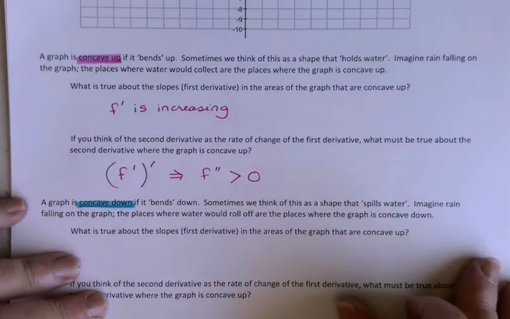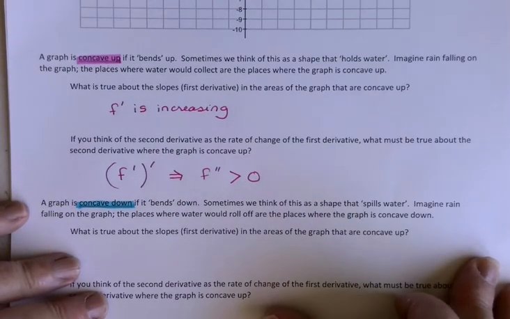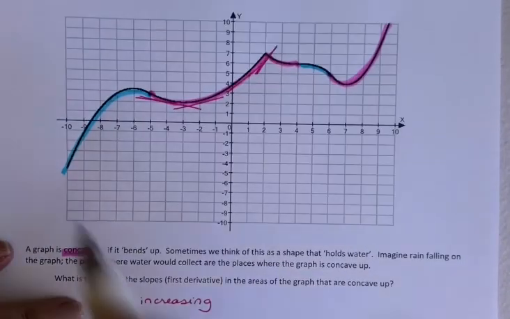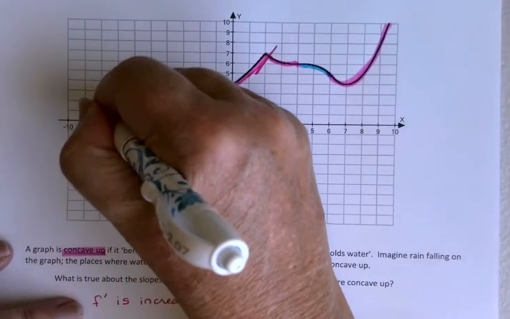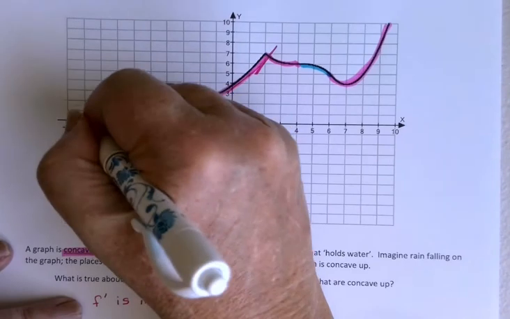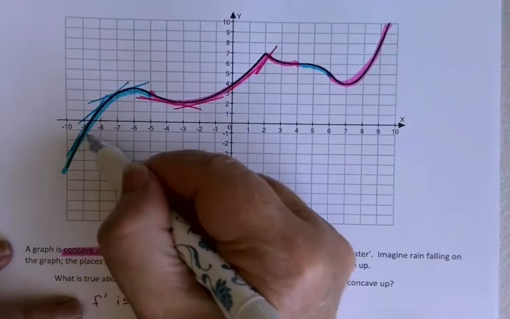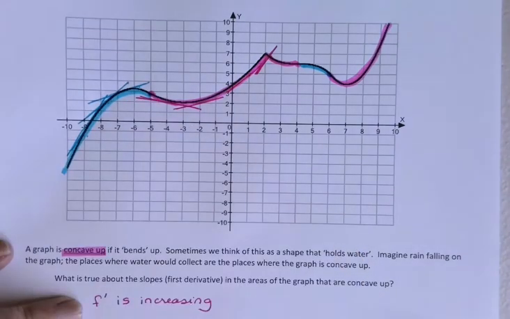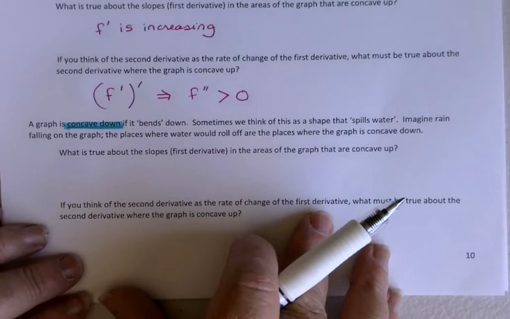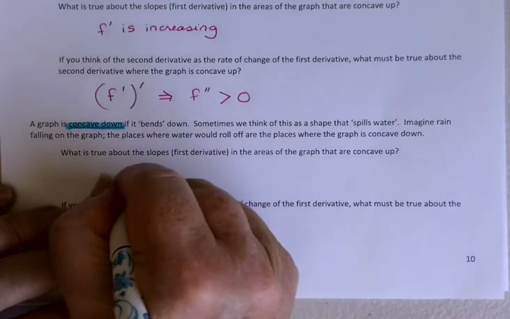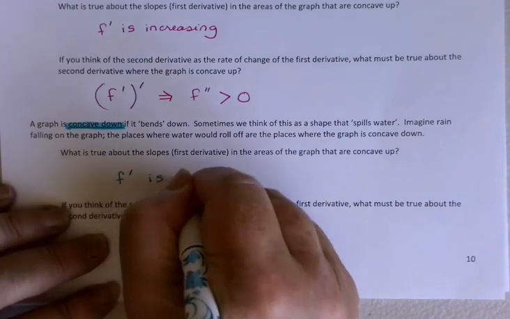I'm sure you can predict how we know when it's concave down, but let's just look at the geometry once. If we have tangent lines in an area where the graph is concave down, notice how they're getting less and less steep. So the slopes or the derivatives are decreasing. Our graph is concave down if our derivative is decreasing.